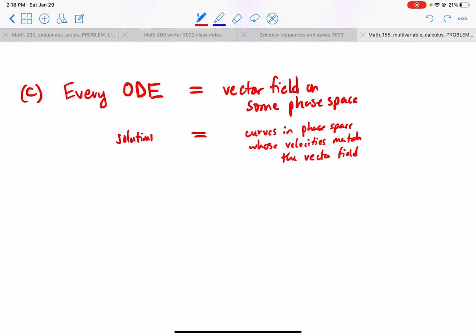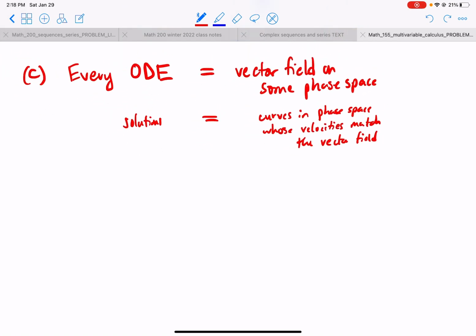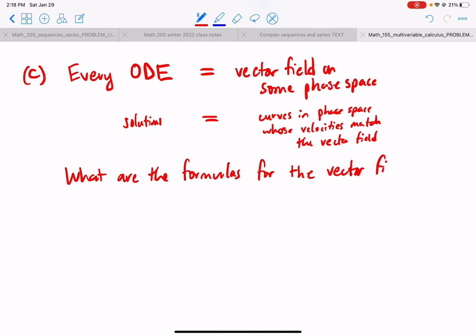So now, what is the vector field, though? The vector field is the ODE. So I'm asking basically, what is the ODE? What are the formulas for the vector field? A vector field has to be a map from the phase space back to itself.